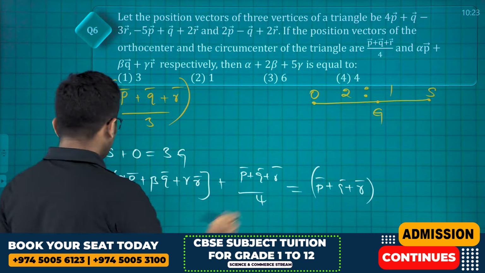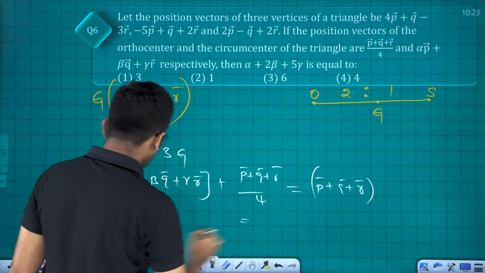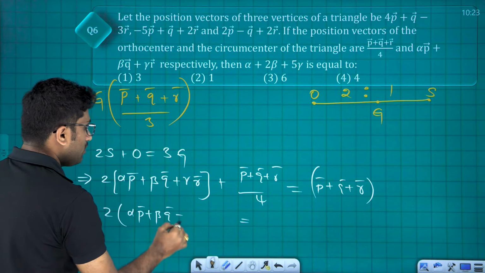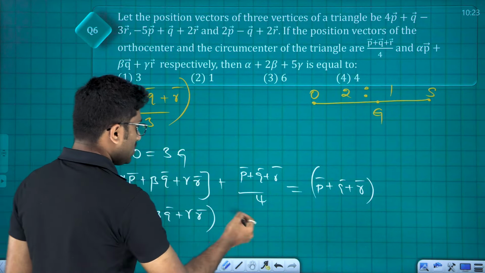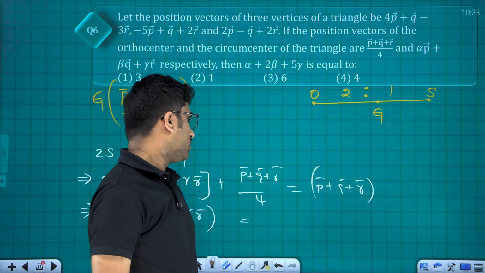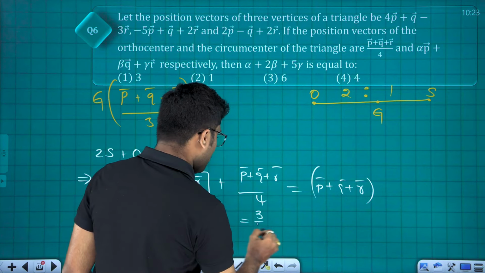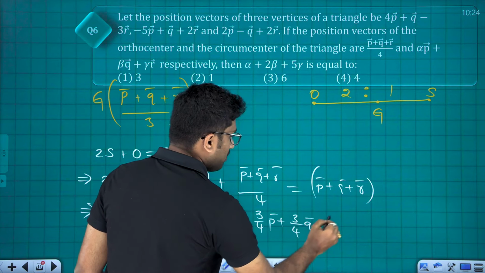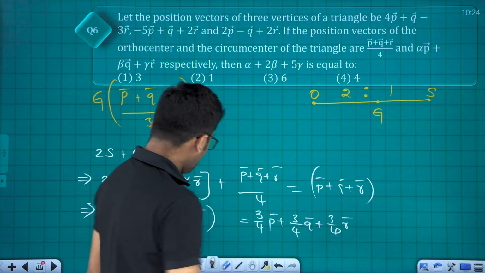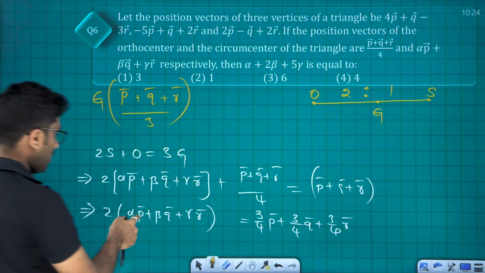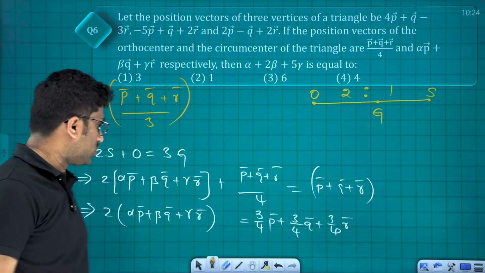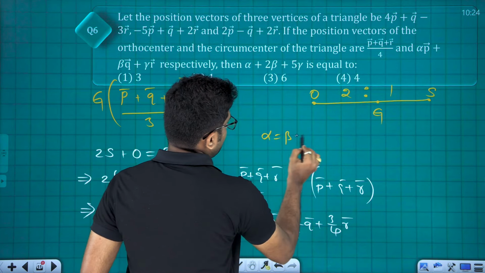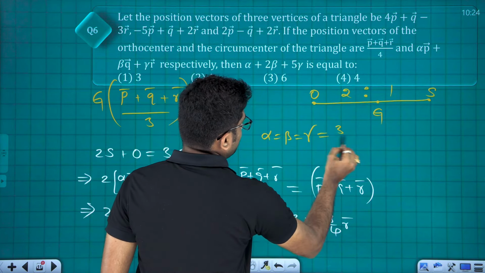So clearly, friends, 2 times alpha p bar plus beta q bar plus gamma r bar is equal to p minus p by 4, 3 by 4, that is 3 by 4 p bar plus 3 by 4 q bar plus 3 by 4 r bar. Okay. So clearly if you equate here, the p bar coefficient is 2 alpha. 2 alpha is equal to 3 by 4, alpha is equal to 3 by 8. From here we got alpha equals beta equals gamma equals 3 by 8.